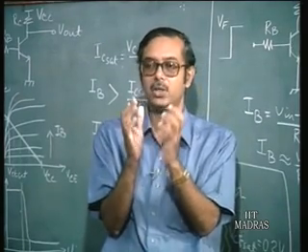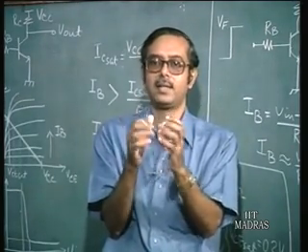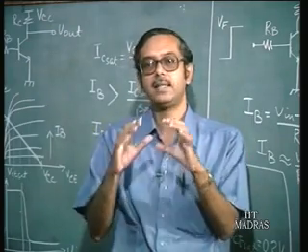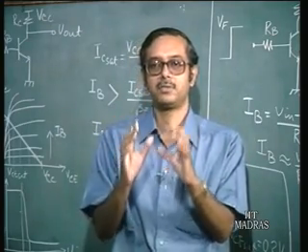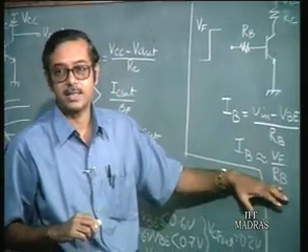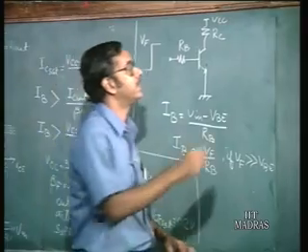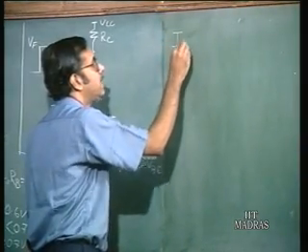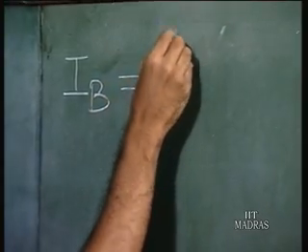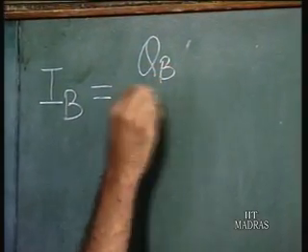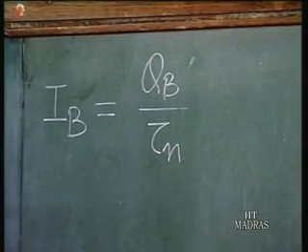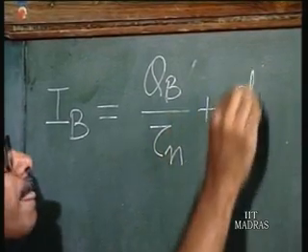So, let us take a transistor where the emitter doping concentration is very much greater than the base doping concentration, and the base current is totally composed of the recombination in the base. For that type of transistor, we can write this relation that the base current is equal to QB by tau n, for an NPN transistor.